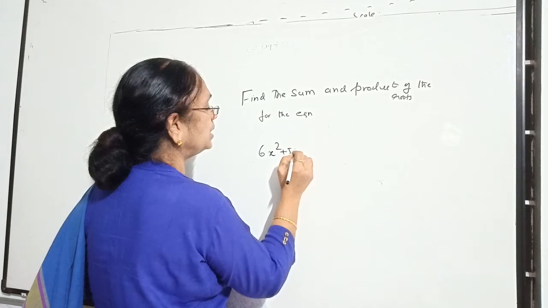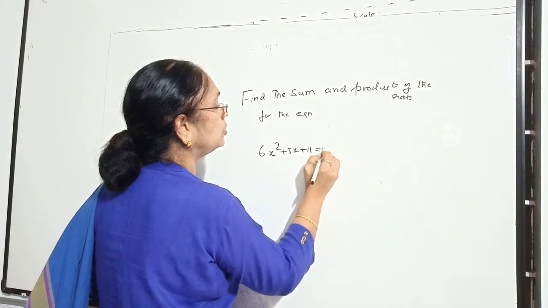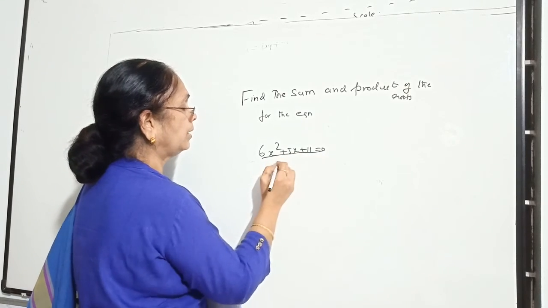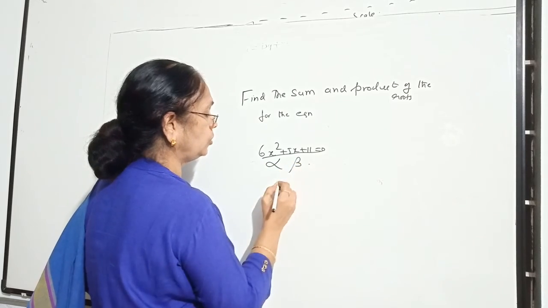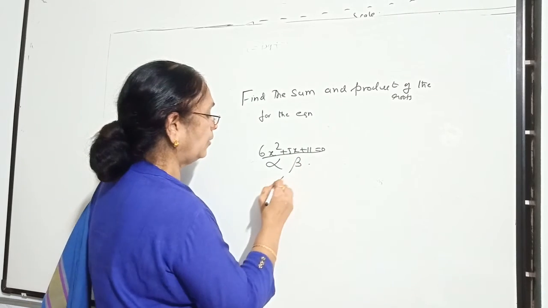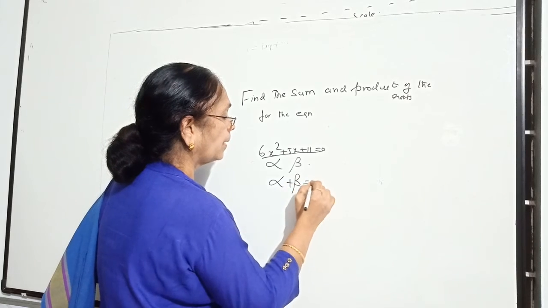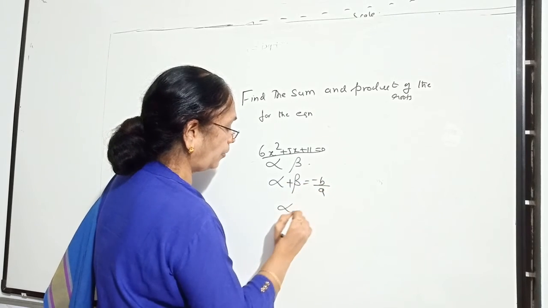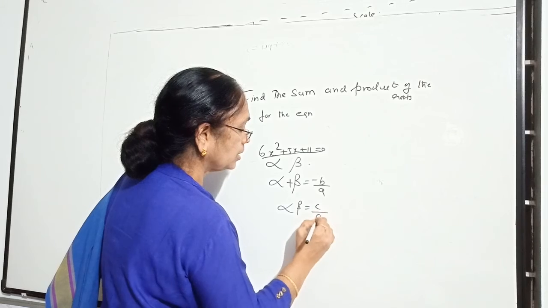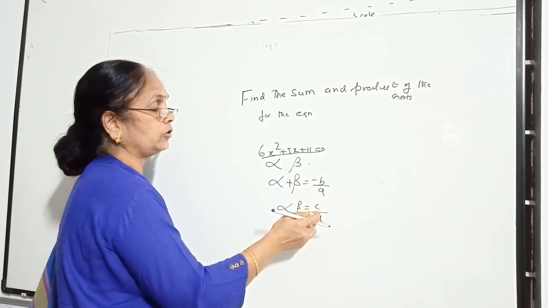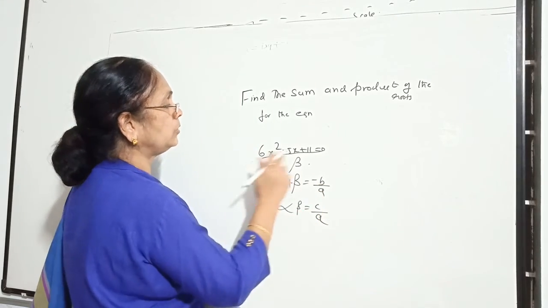6x square plus 5x plus 11 is equal to 0. Now this is a quadratic equation. Alpha and beta are the two roots, which we have learned from 8th standard. The formula for this is alpha plus beta equal to minus b by a, and product alpha beta is equal to c by a. Now from where should you get a, b and c values? For that you see the equation.